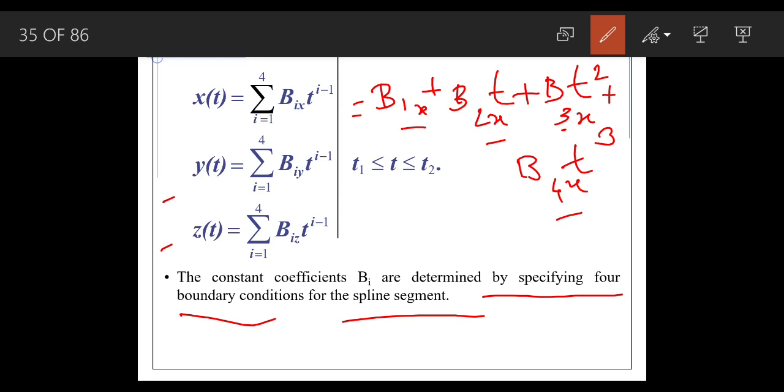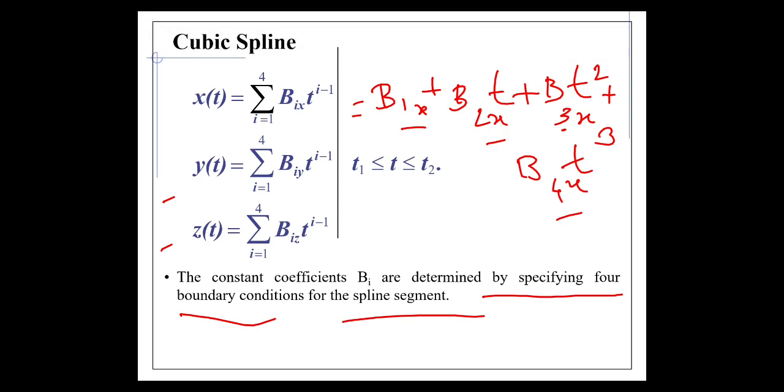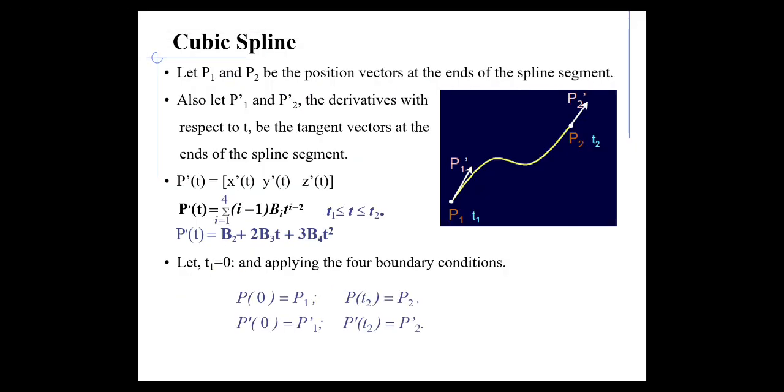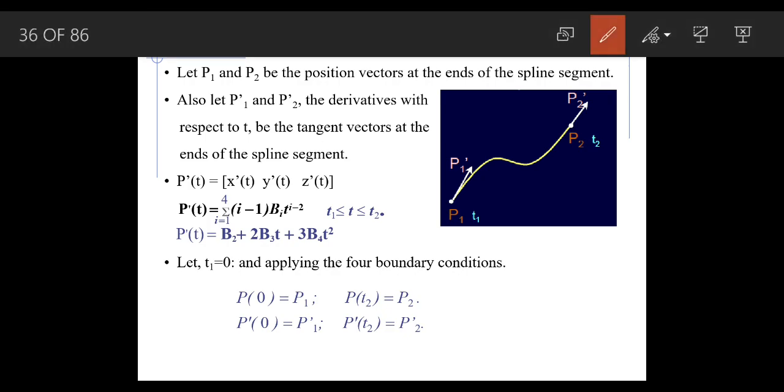So that is 4 conditions, A, B, C, D; 4 control points are there. Now for this cubic spline, suppose P1 and P2 are the position vectors at the ends of the spline segment, as shown in this diagram.